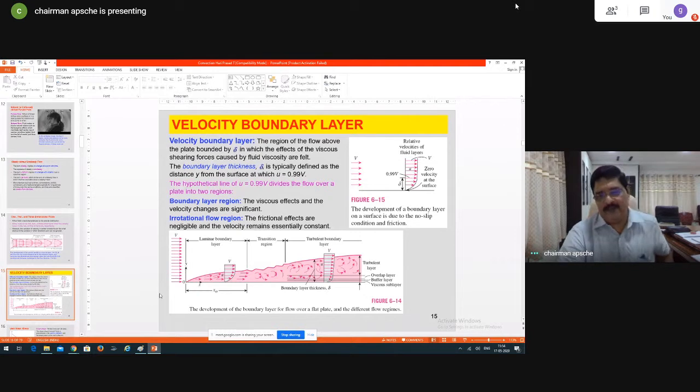Where for the first time the velocity is close to 0.99 of the free stream velocity, join all such points along the positive x direction, and the curve I get is the hydrodynamic boundary layer.